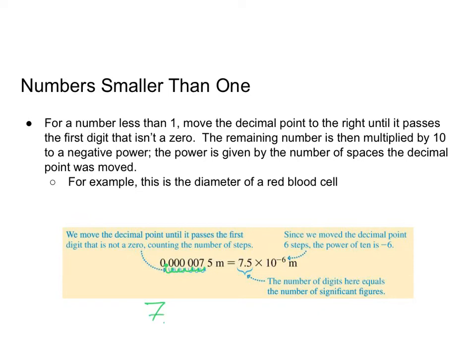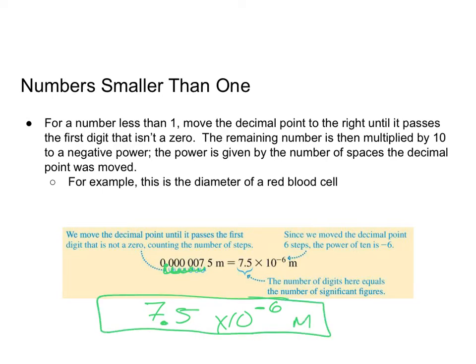I always want a number like 7.5, with one number on the left of the decimal. So I get 7.5 times 10 to the 6th, but because I moved it to the right this time, it's 10 to the negative 6th meters. So we're making the number much smaller than 1, and now I don't have to write all these zeros.